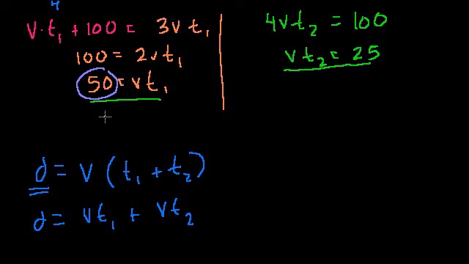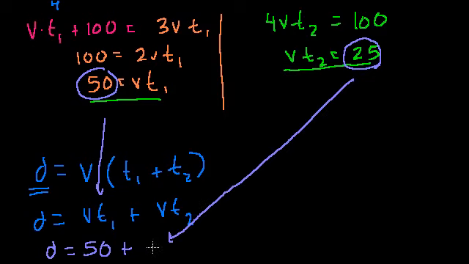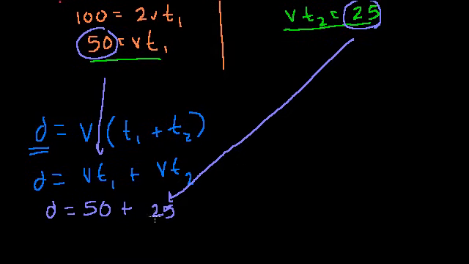So we can substitute it back here. So the distance is equal to 50 plus, what's v times t2? Well, we solved it here when we figured out how long it would take to go back to the front of the column. So that's 25. So that we'll put over here. So the total distance that the column traveled is 50 plus 25 meters, or 75 meters.